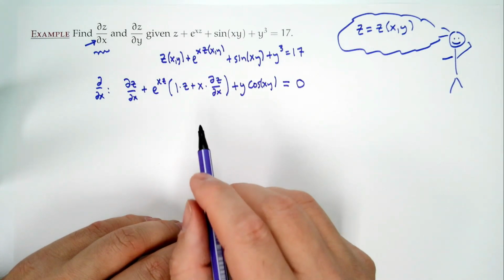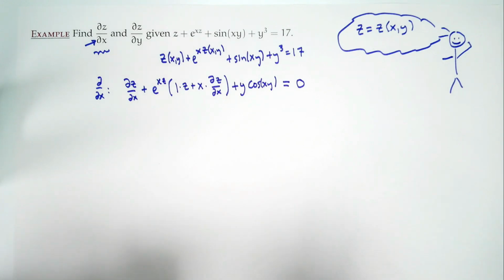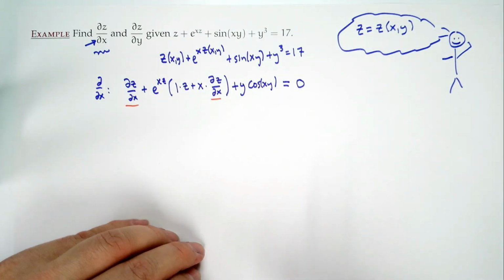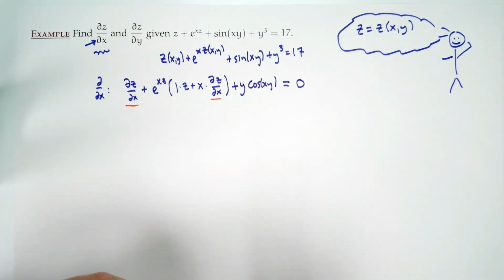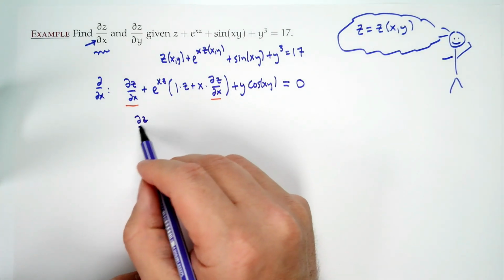Now, if we've lived a good life, well, we have lived a good life. We're good people. And if we have, what we'll be able to do is, at this point, we can solve for, say, partial z partial x. So here, I see there are two partial z partial x's. And what we do is we take all the terms with the partial z partial x, and we put them together on one of our two sides.